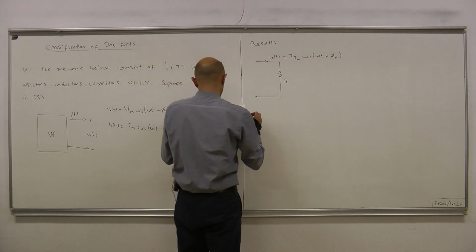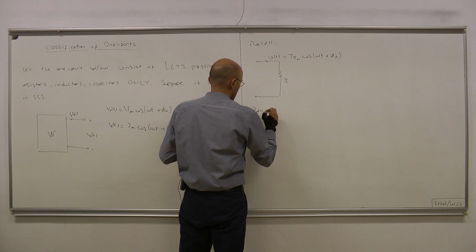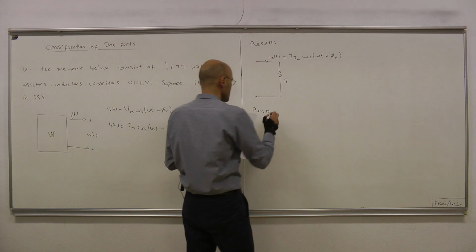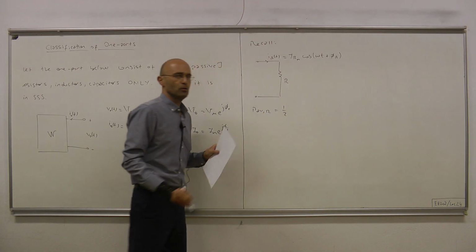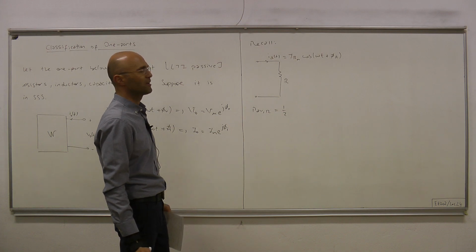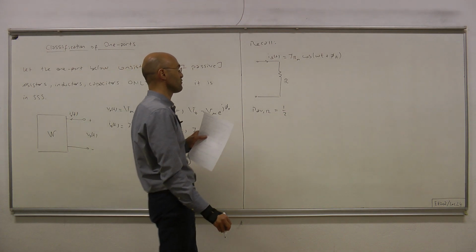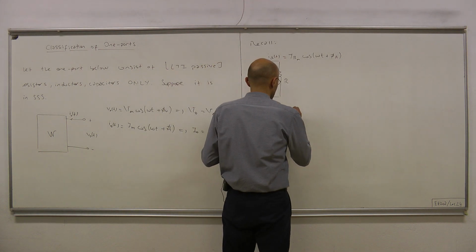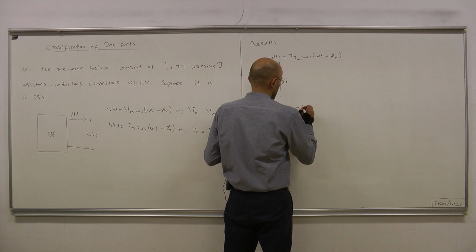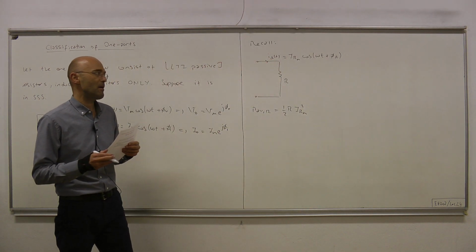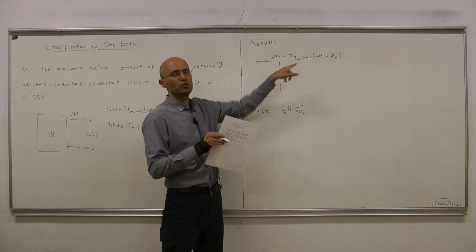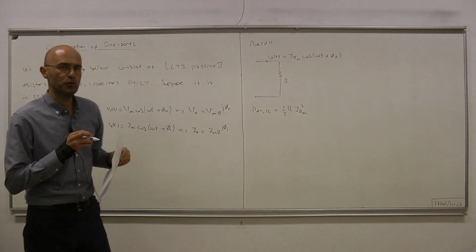For this component, the average power was equal to the effective value of the current squared times the resistance R, or in terms of the magnitude, it was 1/2 times R times the magnitude squared. Remember that for such a sinusoidal signal, the effective value is the magnitude divided by square root of 2.